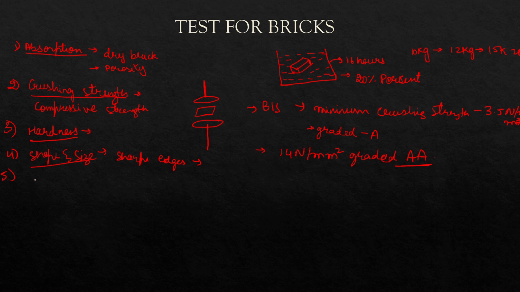Next is soundness. Soundness is also one of the important site tests in which two bricks are struck with each other. The brick should not break and a clear ringing sound should be produced. Then the brick is called a good quality brick.